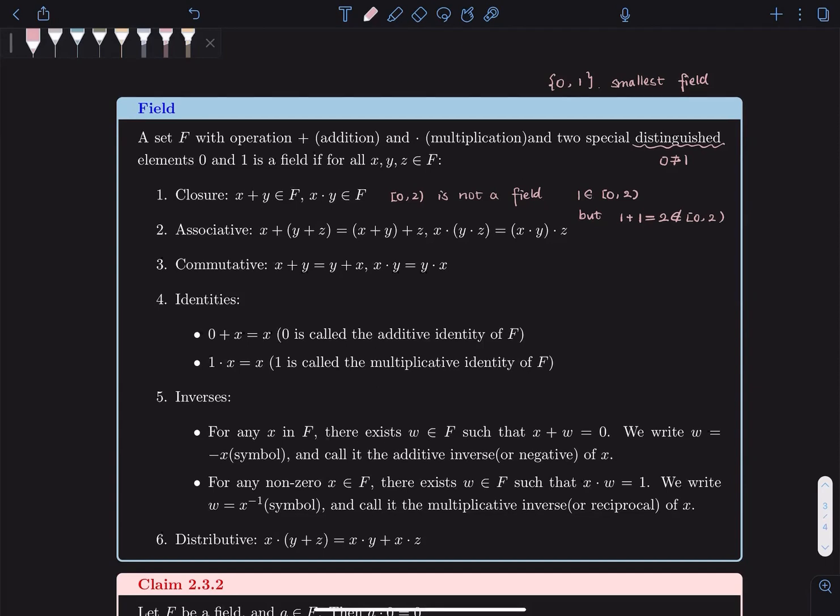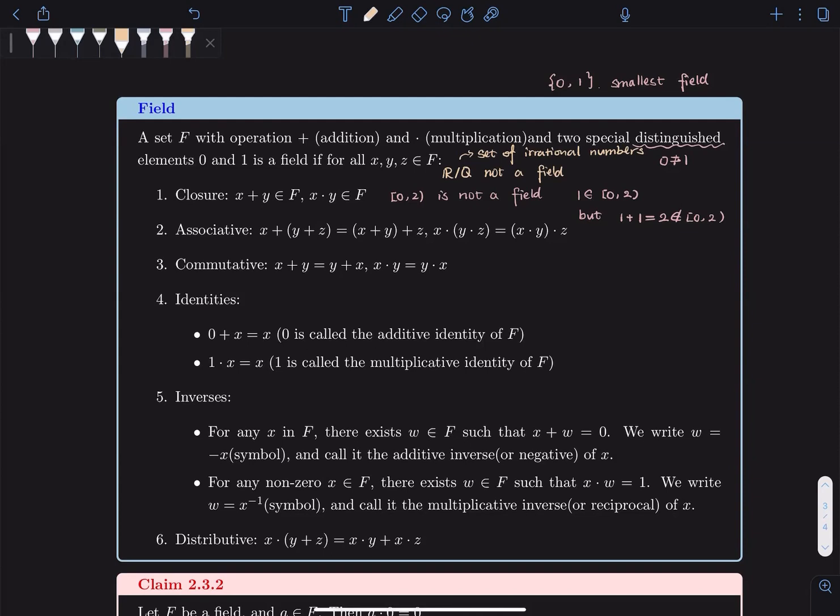There are many other ones, for example, let me think. The irrational numbers, the set of irrational numbers. So let me use another color. So we denote the set of irrational numbers as this: real numbers remove rational numbers is the set of irrational numbers. Okay? This is also not a field. Well, it fails multiple axioms, but it's not closed under addition.